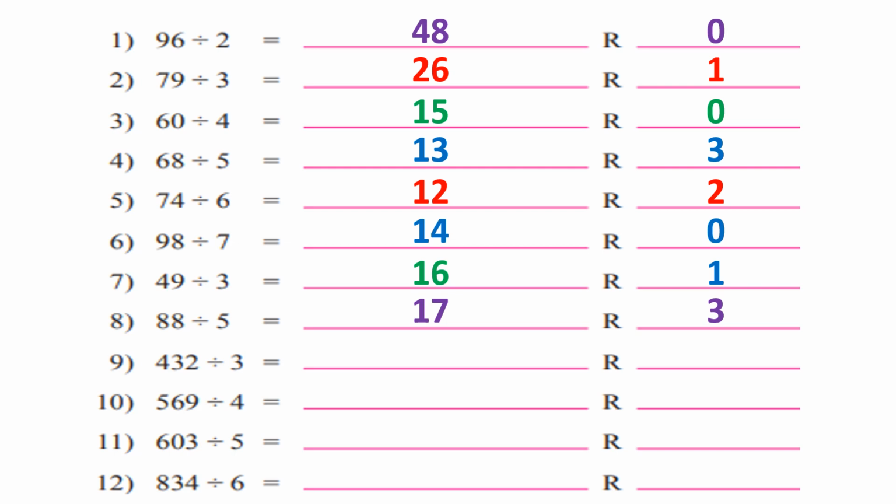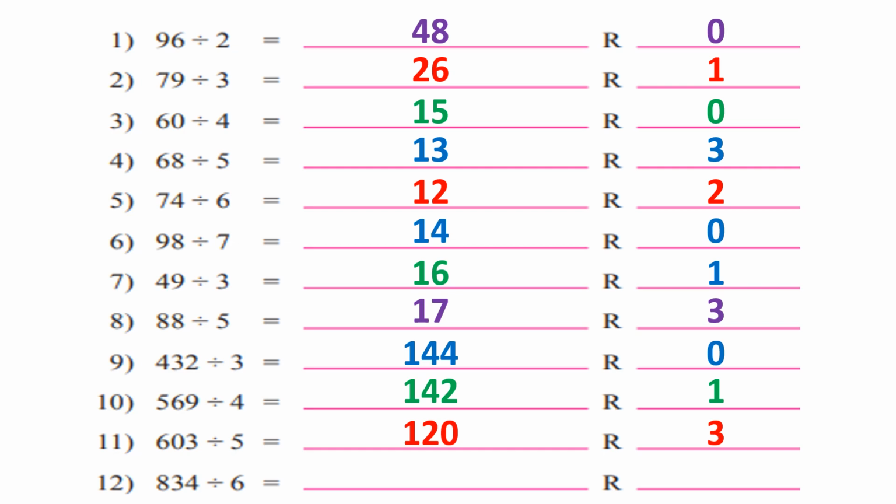Number 9. 432 divided by 3 is 144, remainder 0. Number 10. 569 divided by 4 is 142, remainder 1. Number 11. 603 divided by 5 is 120, remainder 3.